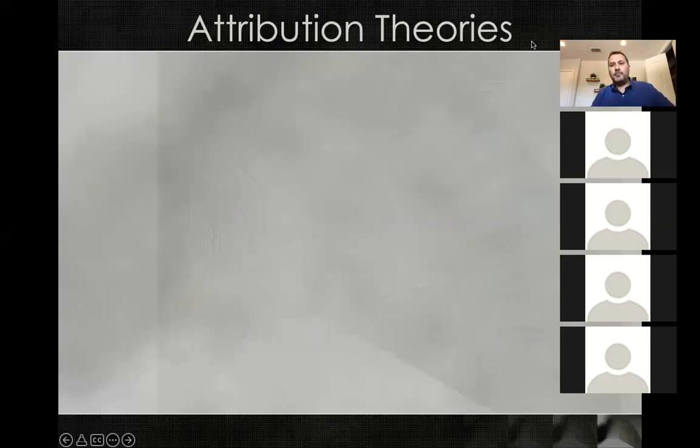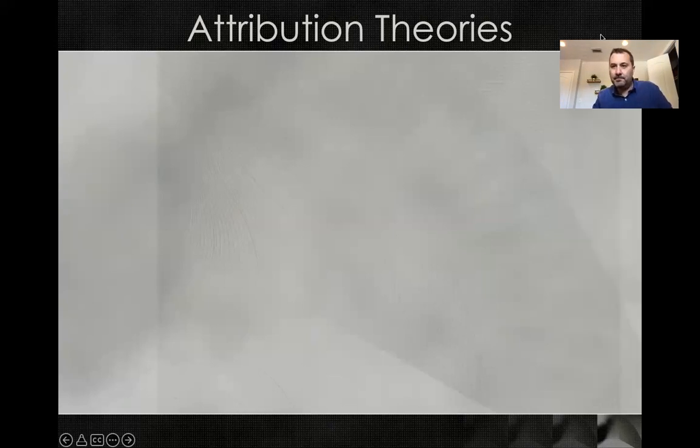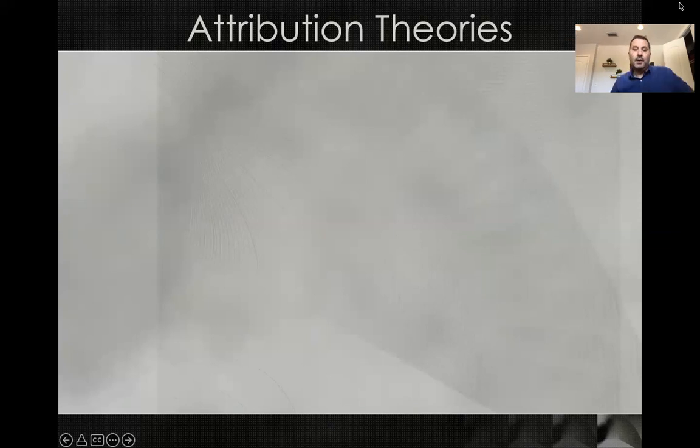So just a reminder as to what we're talking about. We're talking about attribution theories. If you recall, attribution theories are the theories that researchers have to explain how people explain other people's behavior.